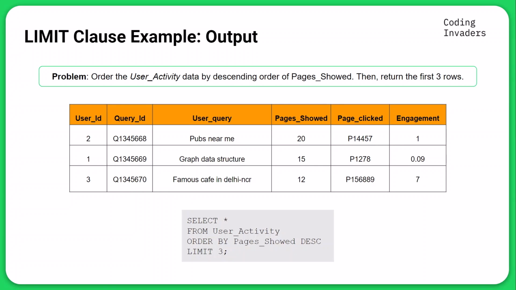Here's the code snippet which says select star, selecting all the columns from user activity. What we want is to sort in descending order the column pages showed. So order by pages_showed descending, so that it is ordered in descending fashion. And we want the first 3 rows only. That's why limit 3. So let's go over to Metabase and write this code.